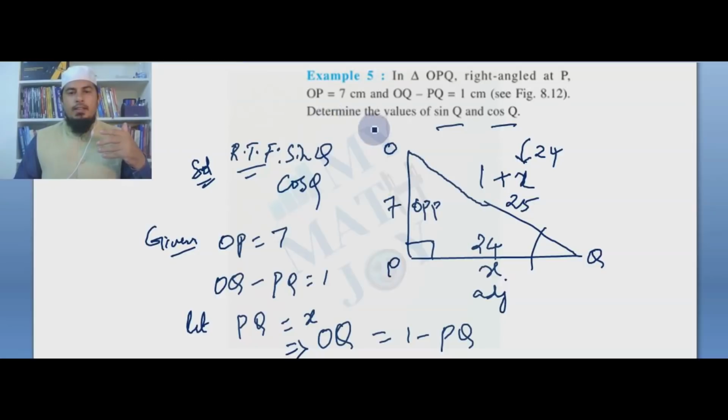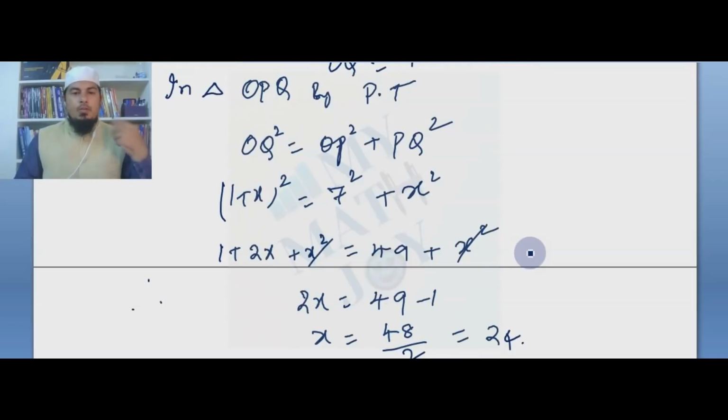When we substituted those values on the right angle triangle sides, only one variable x was seen. Then we applied Pythagoras theorem, got a quadratic equation, but luckily this x square got cancelled and it reduced to linear. Then we got the x value easily. When we substituted that x value in our supposition, we got the values of the sides. Then we found all the trigonometric ratios. He asked us to find sine Q and cos Q, and we found them. If he asked for many other trigonometric ratios, we could have done that also.